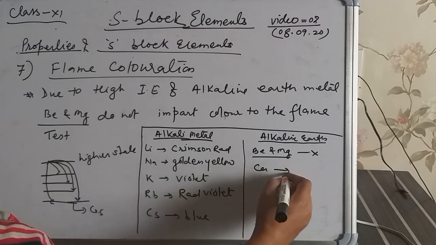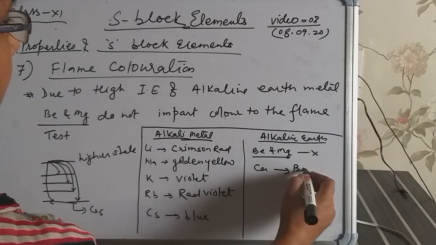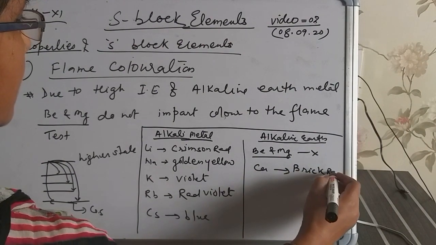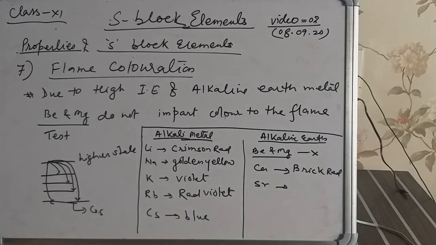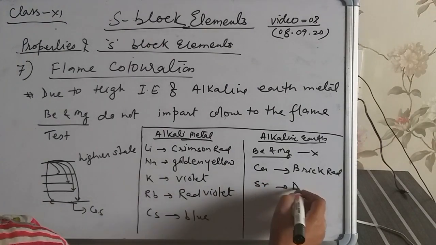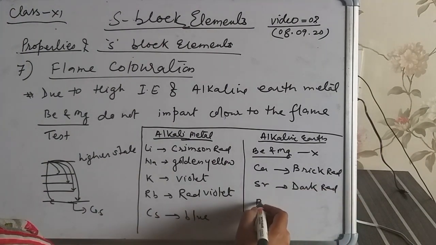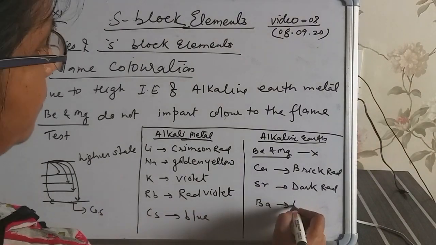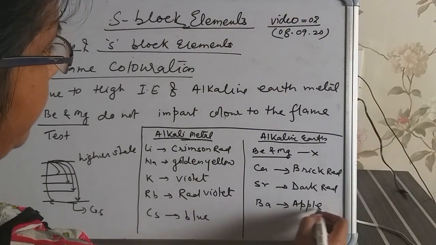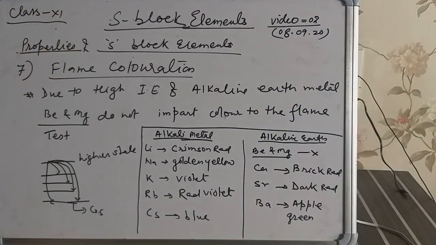Calcium gives brick red color, strontium gives dark red, and barium gives apple green color in the flame test.